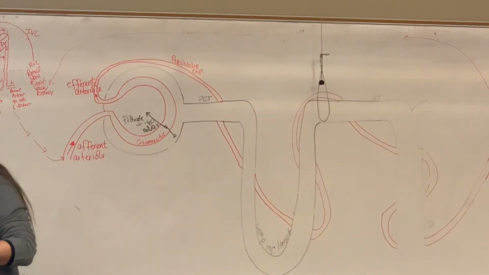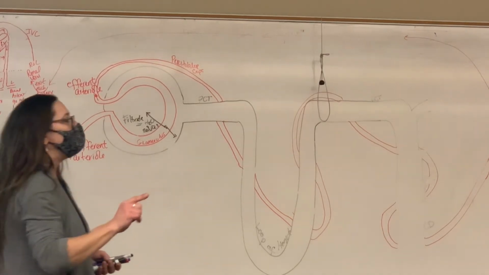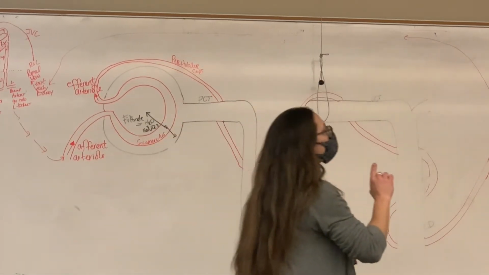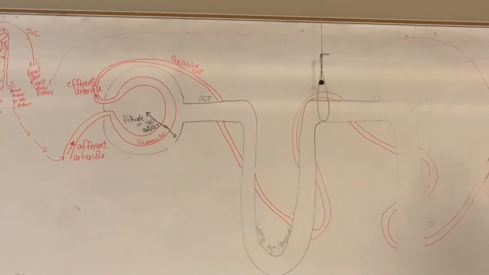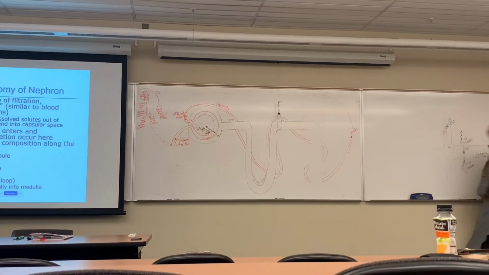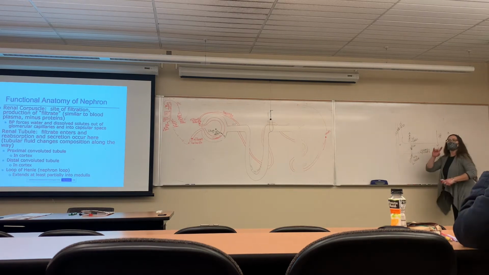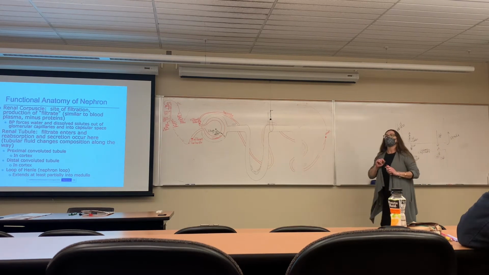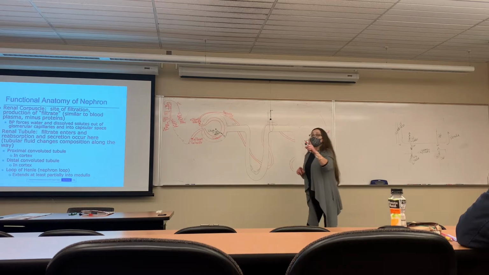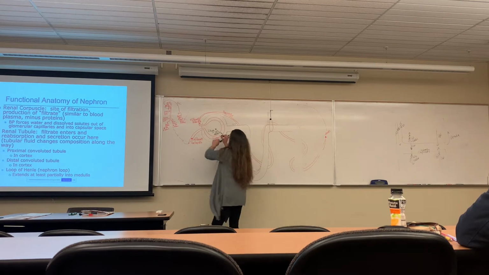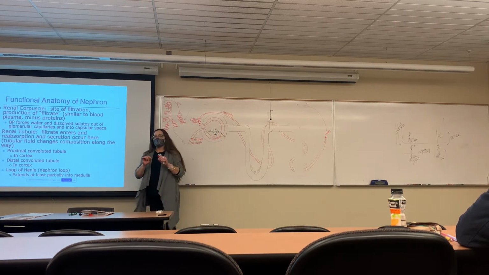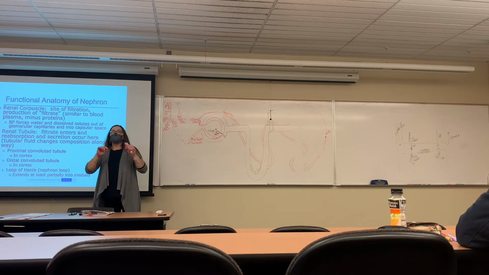Just filtration happens there, not the BCOP? Yes, but all of this is happening here, and the net result of all this is water and solutes come out. We will talk about it later, we'll tease this apart and see exactly what's going on there.